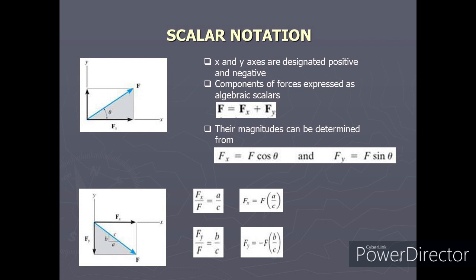Cos theta for the small triangle will be what? E over F. And for the bigger triangle, it will be B over A. Right?